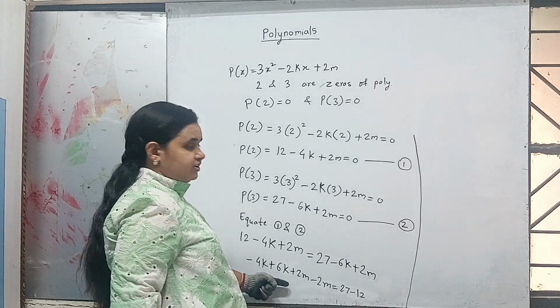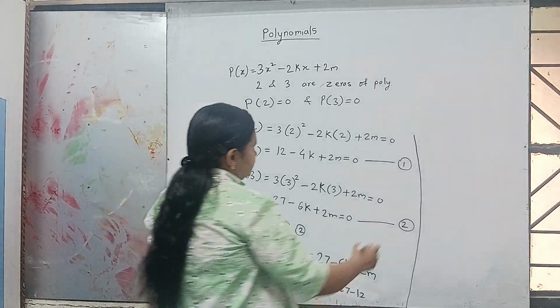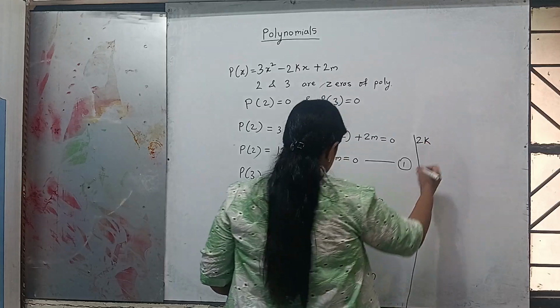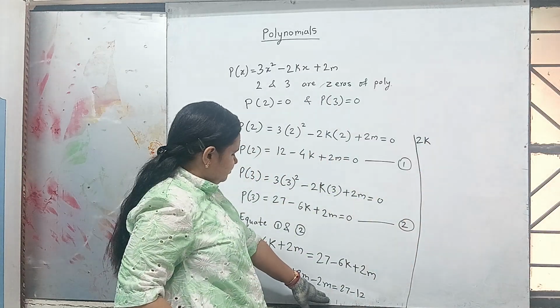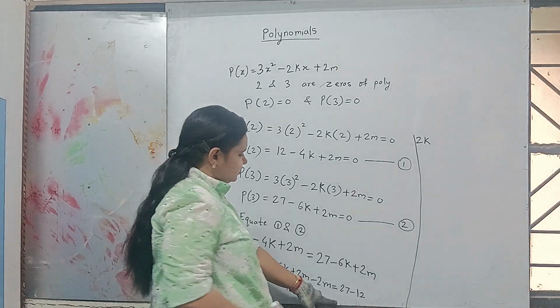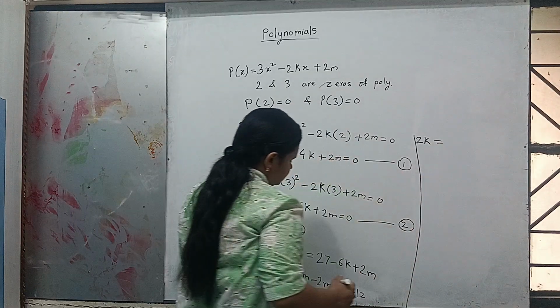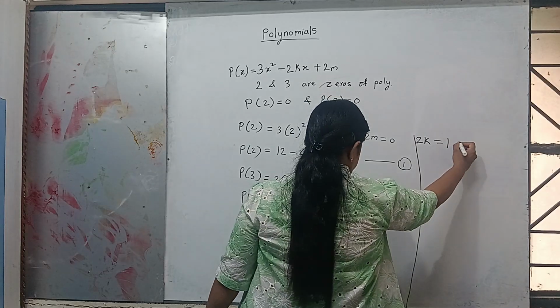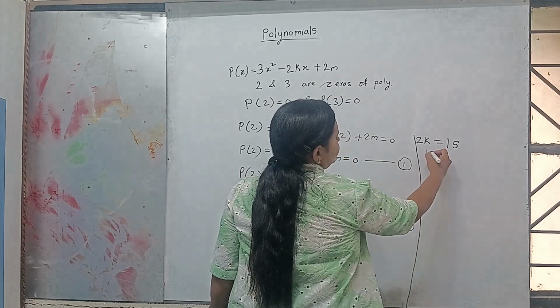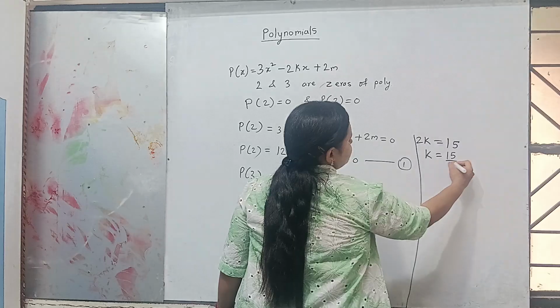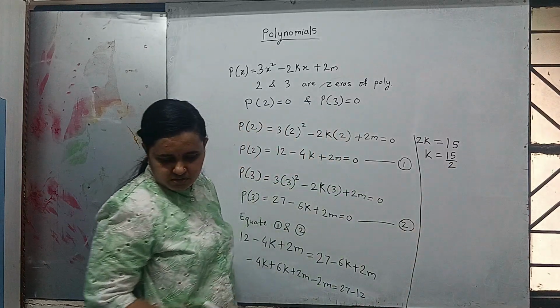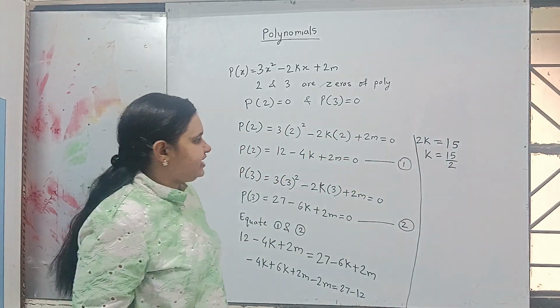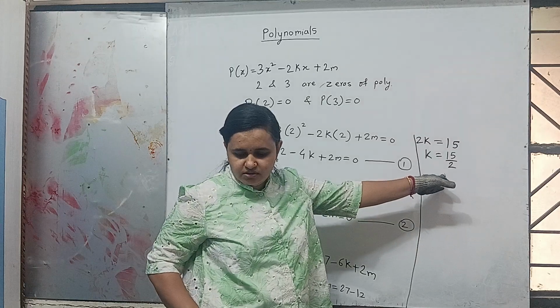Now minus 4k plus 6k is 2k. Plus 2m minus 2m, we will get 0. So 2k is equal to 27 minus 12, which is 15. So k will be equal to 15 upon 2. So there is only one option with k equals to 15 upon 2.